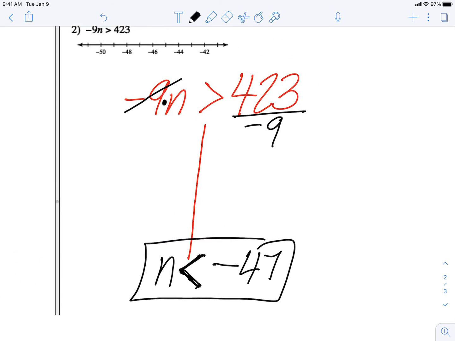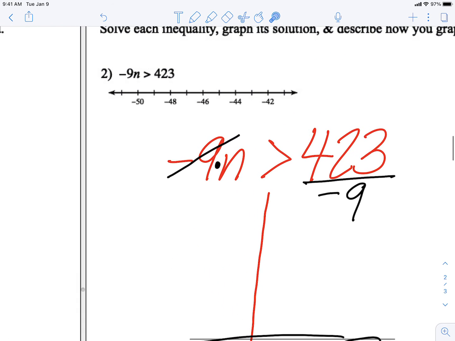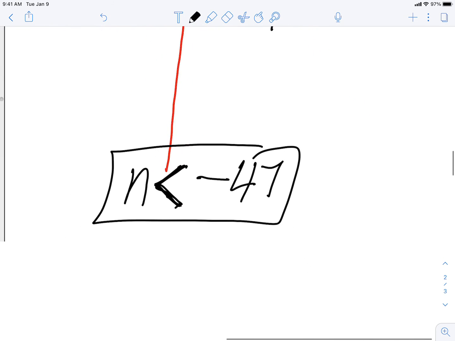So now let's graph. Well, I know I use my left hand to make these scissors here, right? My left hand. So I know I'm going to graph left. Okay. I know it's going to be an open circle because I don't have an equal sign. An open circle on -47.